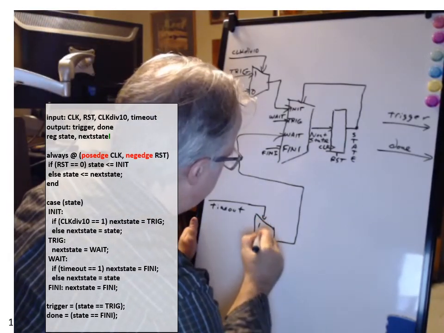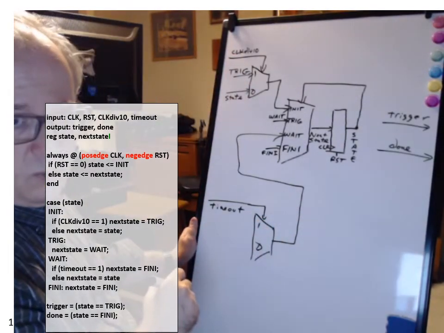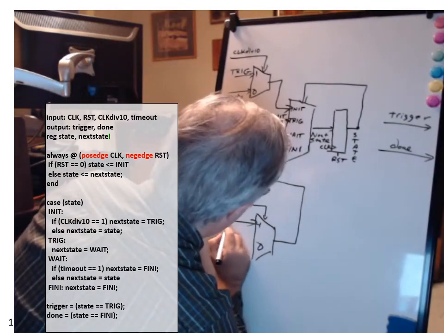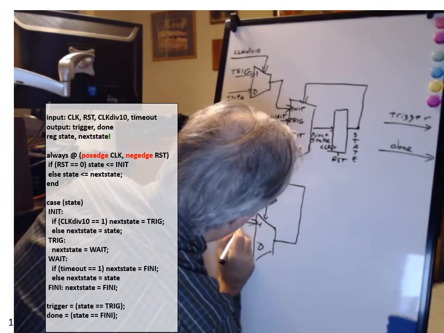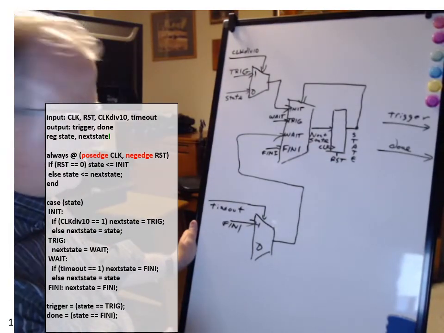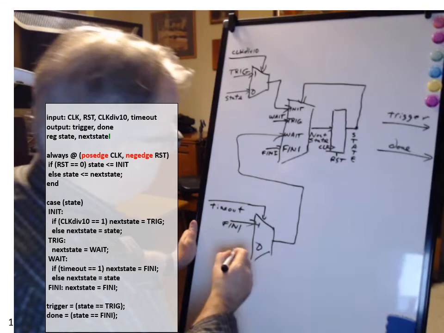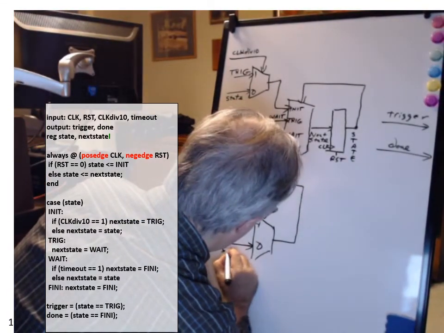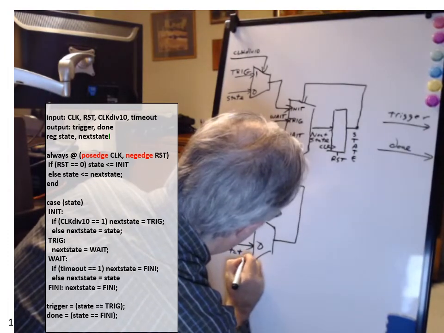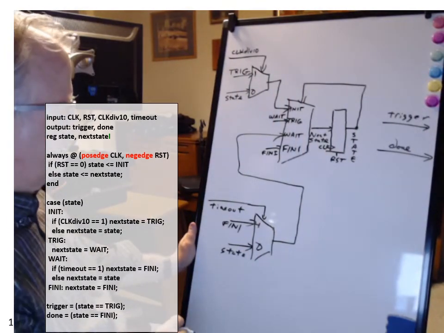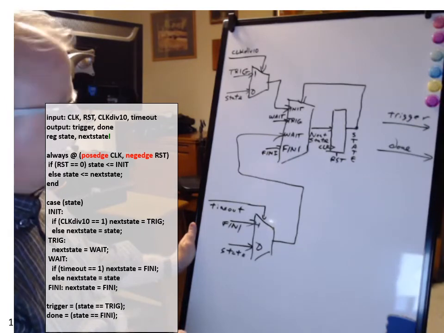And again, it has a 1 or 0. When timeout is 1, the next state value is fini. When it's 0, the next state value is the current state. So again, I'm just going to write state right here.